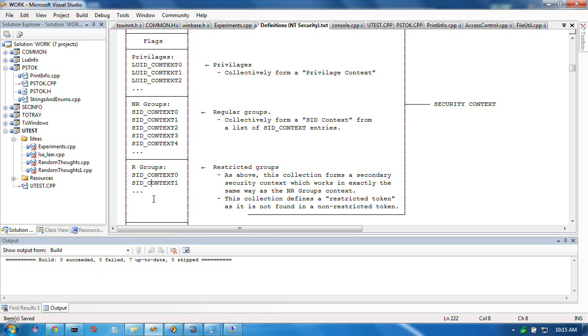It gets fully activated. So what was originally deny only for administrators becomes a fully active administrators entry in the restricted groups, right?